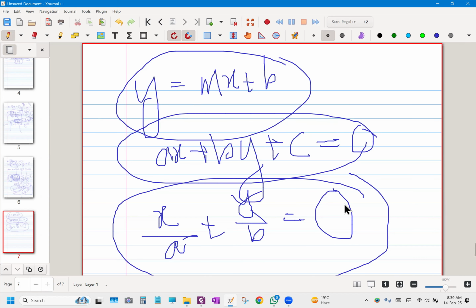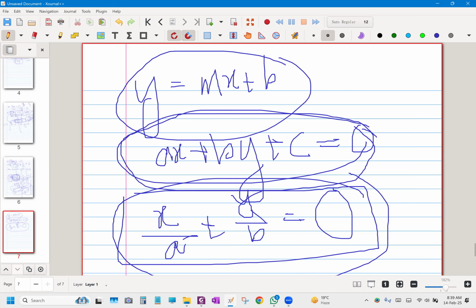They look different, they have different faces, but they are all equations of the same type of graph. They are just like twins, but they have some differences.